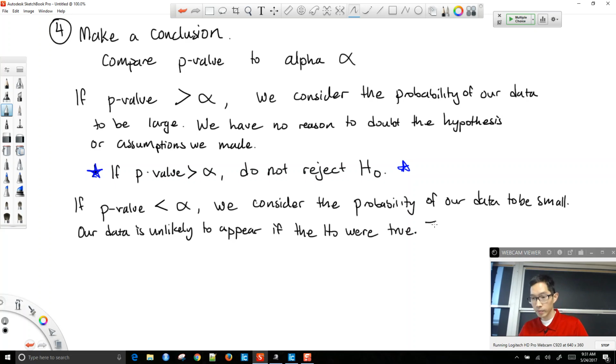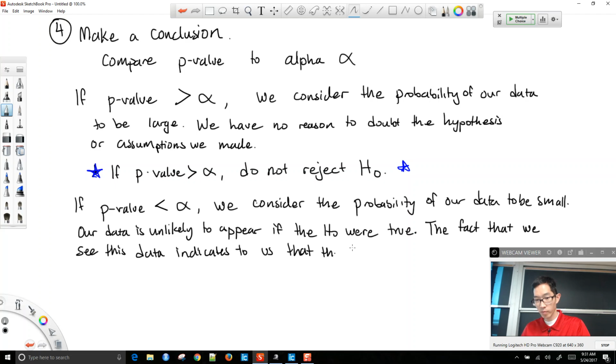Okay? The fact that we see this data indicates to us that the assumptions made to create our expectation were wrong.